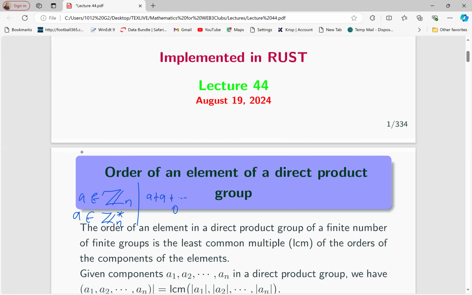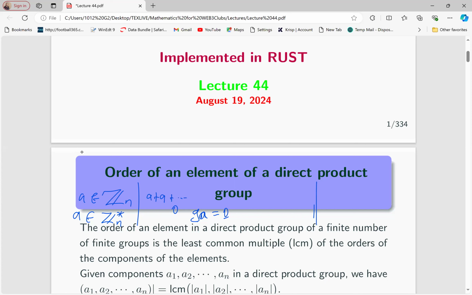So we said the order of A is G if G multiplied by A gives us the identity. In other words, if adding A, G times gives you 0, then G becomes the order of A. I'm just doing this to remind ourselves what we did.